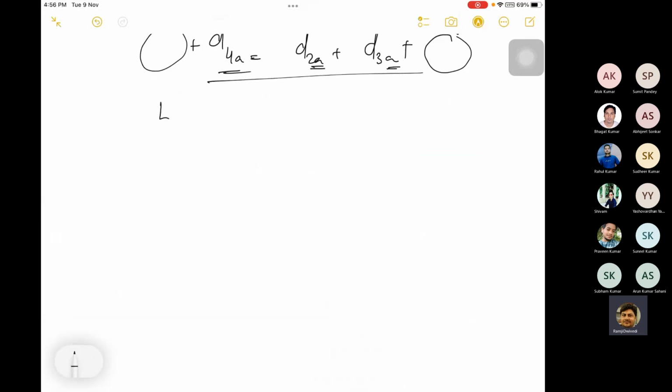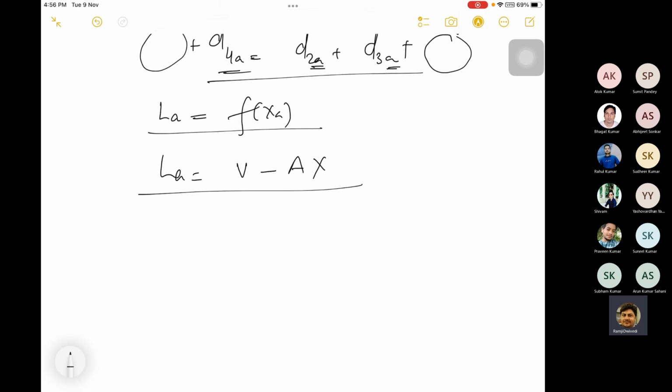The observation equation method says that you write LA is equal to fxa, or v minus ax. So you always use all observations. All observations will be part of the observation equation solution. That means you cannot exclude any observation.